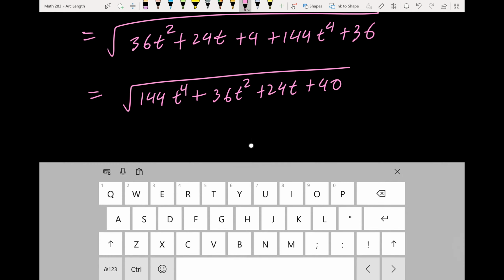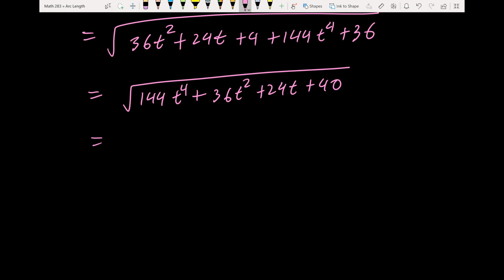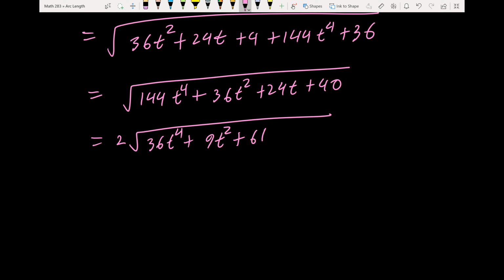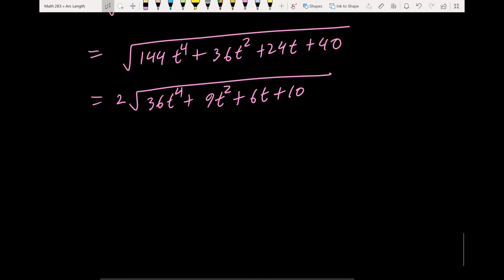And what's the only thing you could factor out, guys, from that? Just 4, which is just 2. That's all we have. So therefore, what's t, guys? T is super easy.